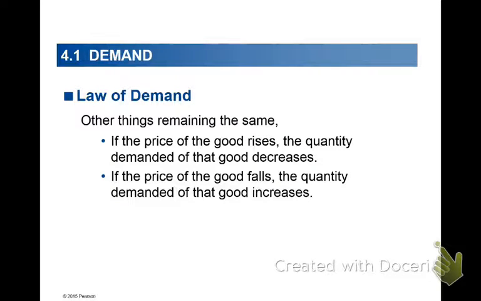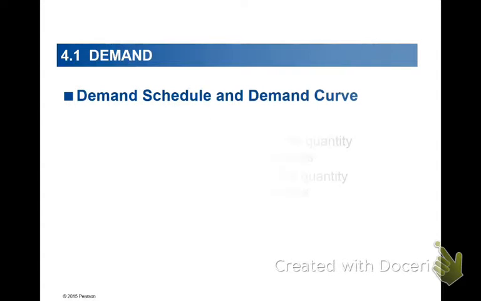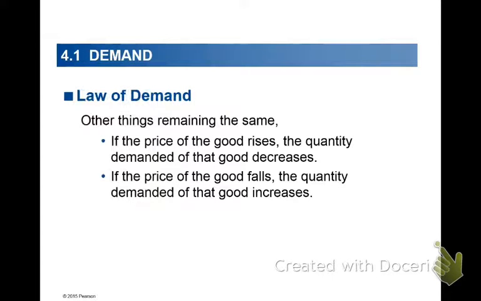The opposite is also obviously true. If the price of a good falls, the quantity demanded for that good increases. So again, a negative relationship. We can say that the following relationship really characterizes the law of demand.